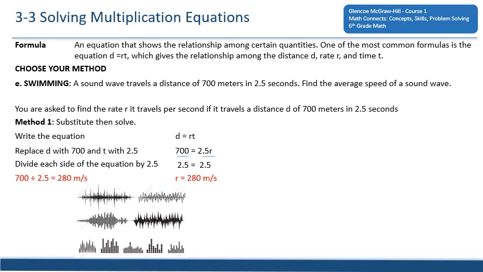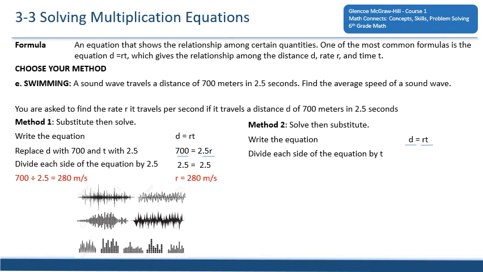And I misspoke earlier when I said we were going to plug in 2.5 for r. We plugged in 2.5 for t, for time. So now, solve, then substitute. We'll say d equals r times t. We know that we're going to solve for r, so we're going to divide t out of both sides to get r by itself. So we get d divided by t equals r.